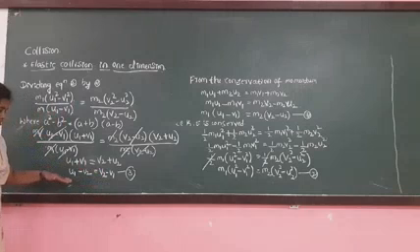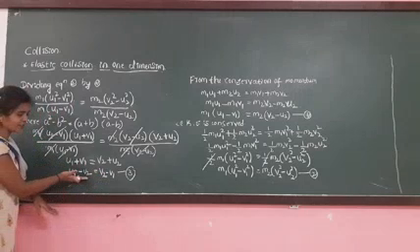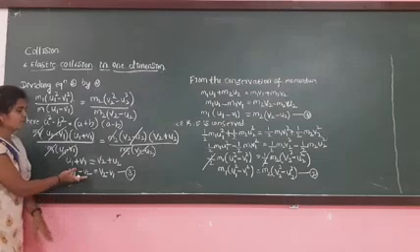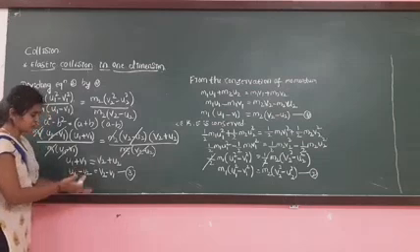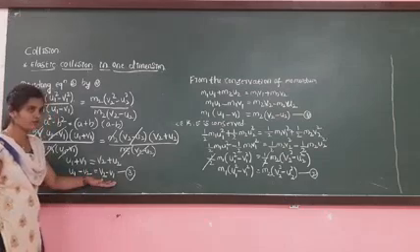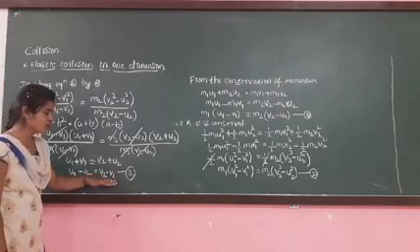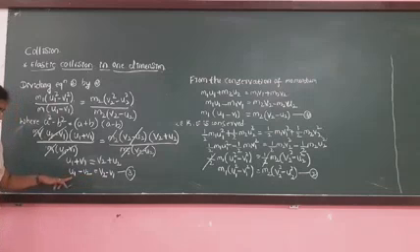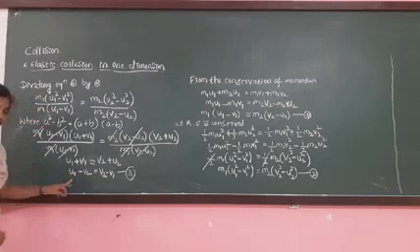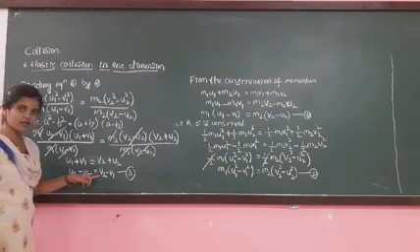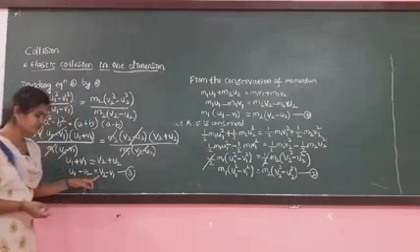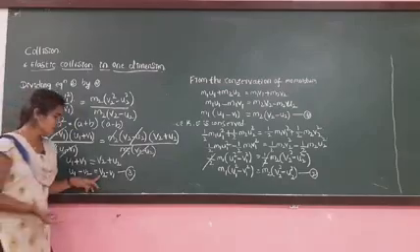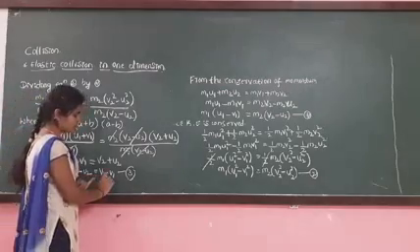This is the relative velocity of approach before collision, u1 minus u2, and the relative velocity of separation after collision, v2 minus v1.